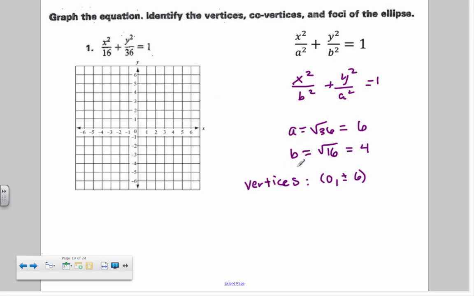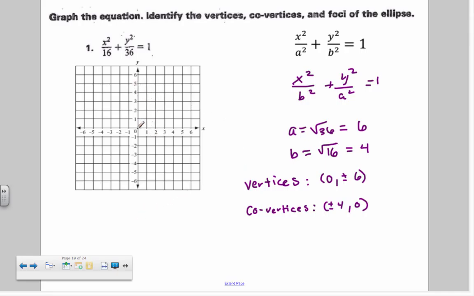But because it's under the y, it's 0, comma 6, in the y portion of the coordinate. The covertices are with my b coordinate. My b is under the x, therefore it's the x coordinate, plus or minus 4, comma 0.